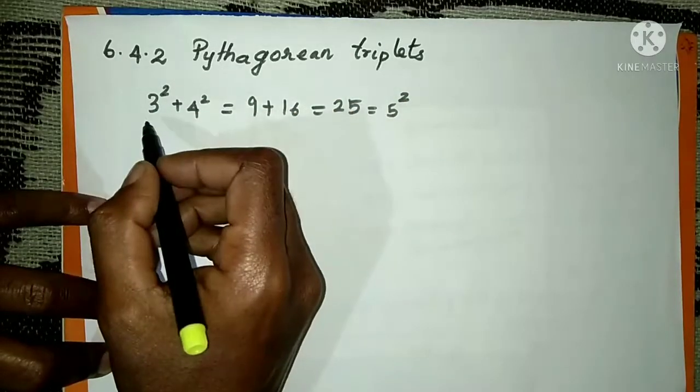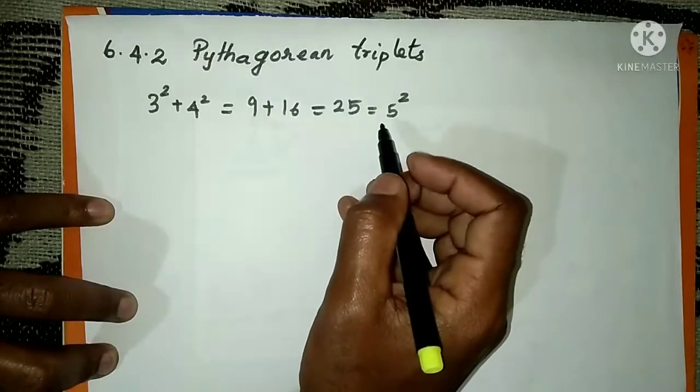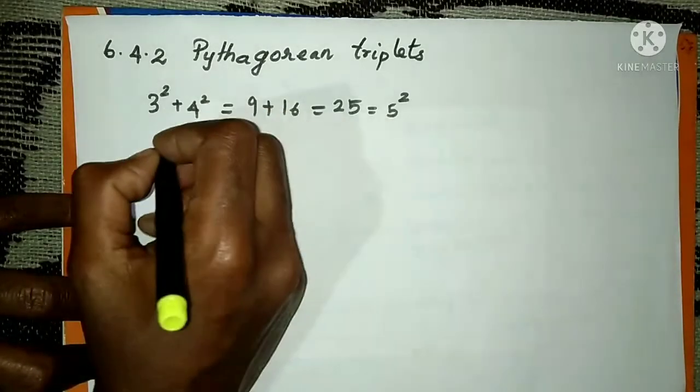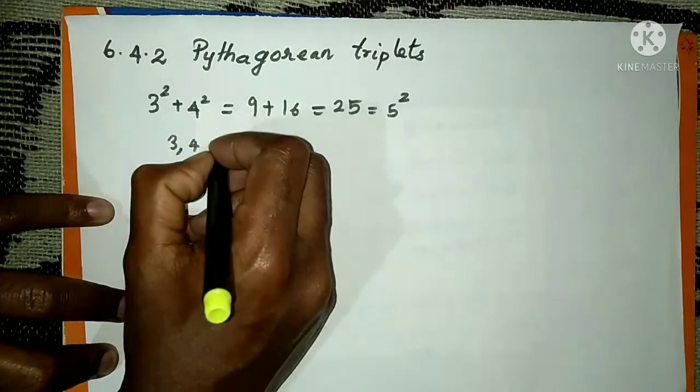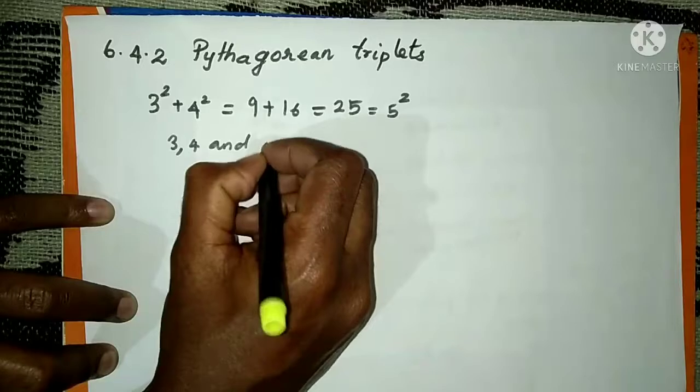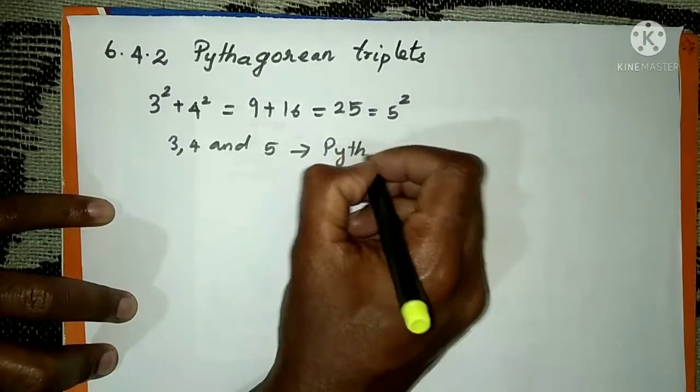Notice that if we add 2 square numbers, we get another square number. So the collection of 3, 4 and 5 is known as Pythagorean triplet.